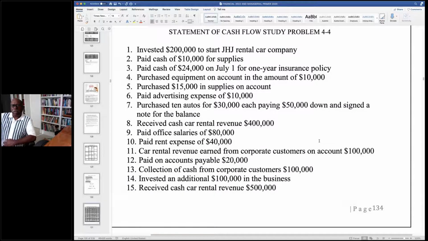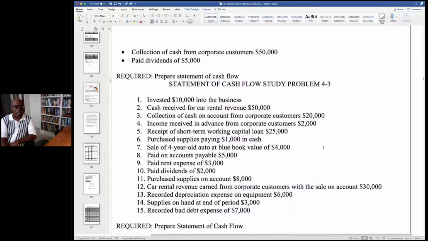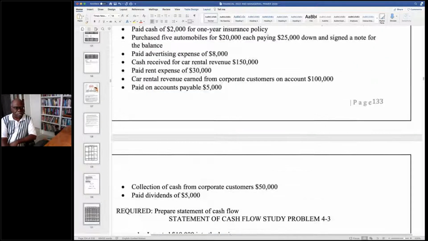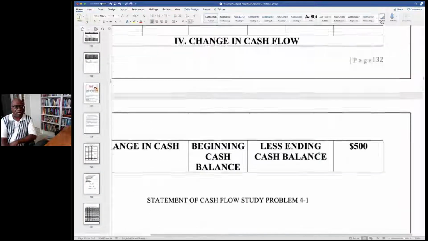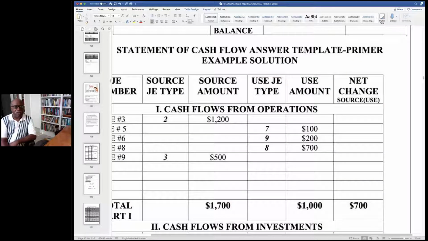So once you get working on this, this is not going to be difficult, okay? Because over the summer and some last semester, I created you a nice little template. All you gotta do is fill it in.